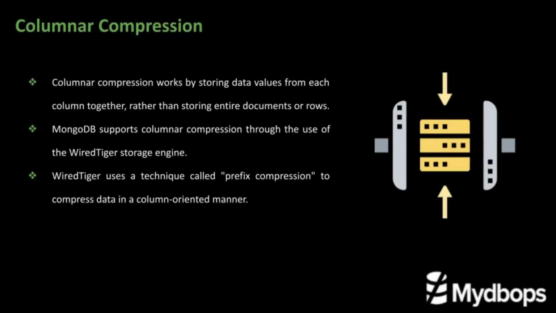Columnar compression works by storing the data values from each column together instead of entire documents or rows. This columnar compression internally depends upon the WiredTiger storage engine. WiredTiger uses a compression called prefix compression to compress the data in a column-oriented manner.